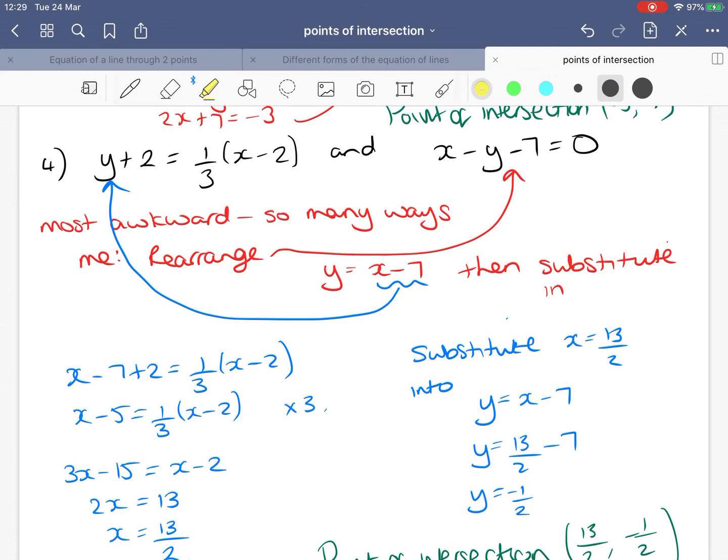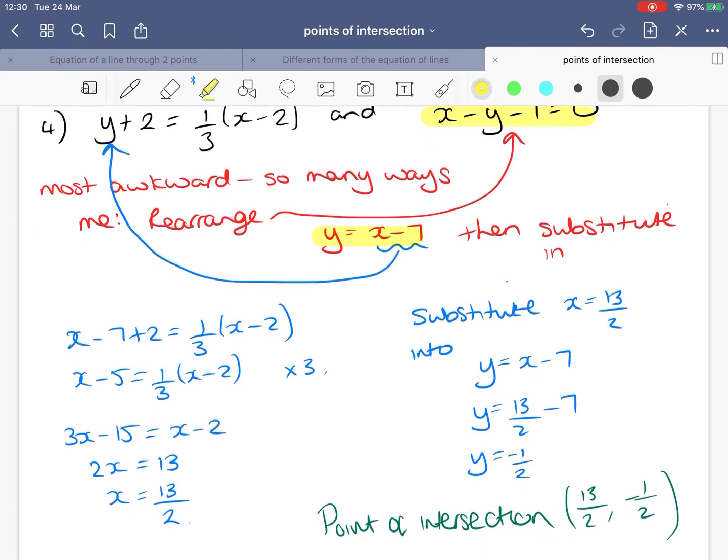You haven't got simultaneous equations here, and you can't just use substitution. But you've got to rearrange one of them so you can substitute. So in that case, I would take this equation here and rearrange it. I would add the y to both sides. And then I would use the substitution, and hopefully you had the point of intersection as 13 over 2, minus 1/2.